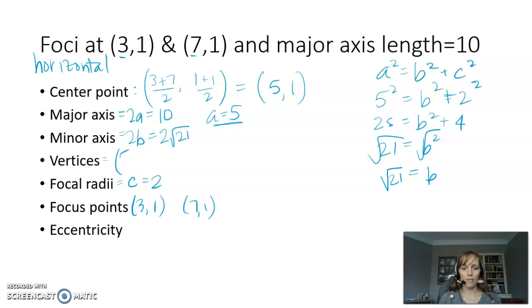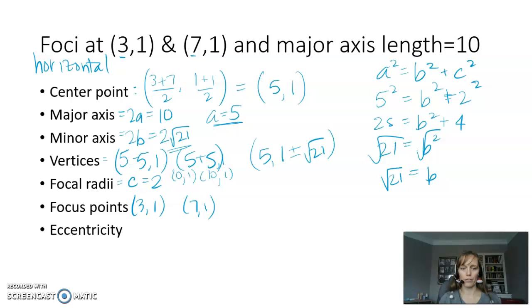So I have 5 minus 5, and then 5 plus 5, and 1. So the vertices there are going to be (0, 1) and (10, 1). And then for the minor axis side, this is an ugly number here, but we're changing the y values, and so it's going to be 5, and then 1 plus or minus the square root of 21.